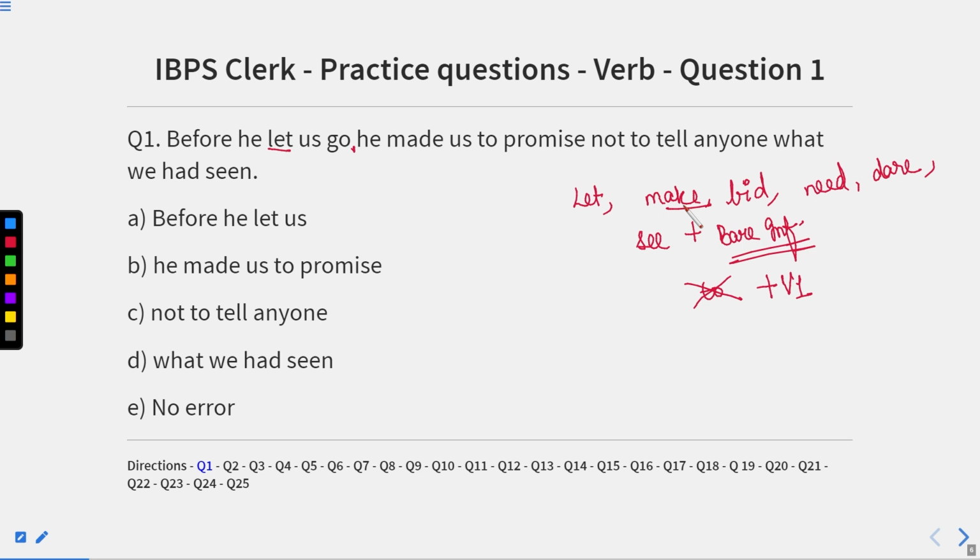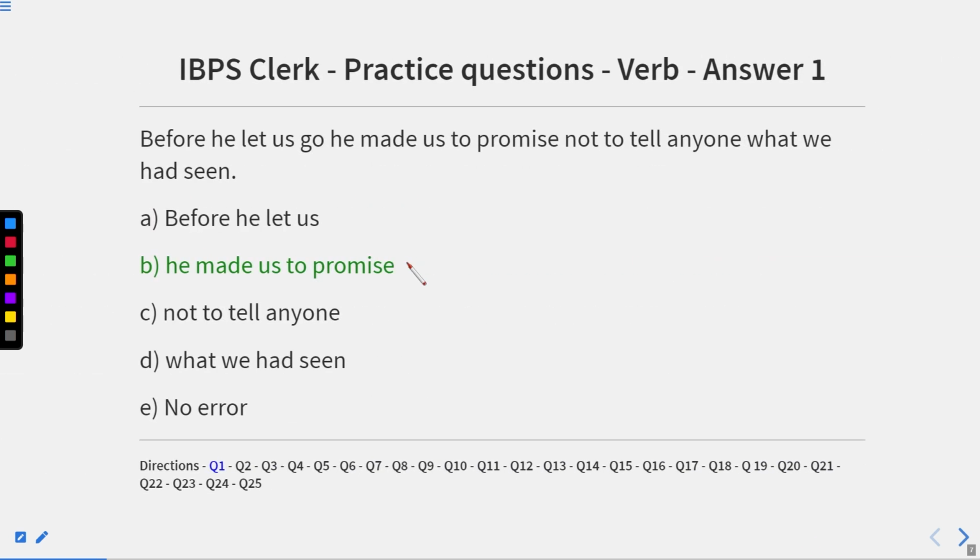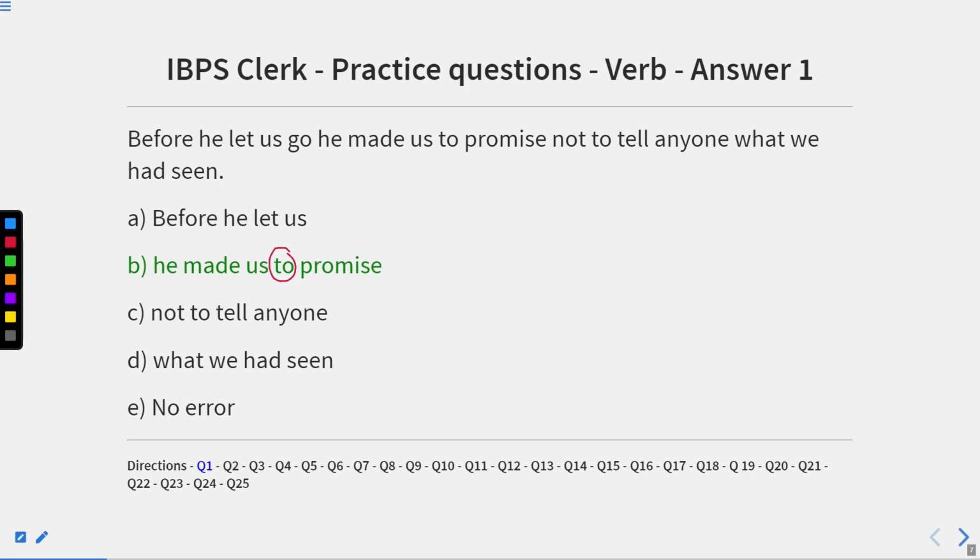We can only use verb first form. It means it should also be followed by a bare infinitive. So here this to is incorrect. Therefore, our answer is in part B, where we should remove to. So the answer will be he made us promise. So this will be the correct sentence.